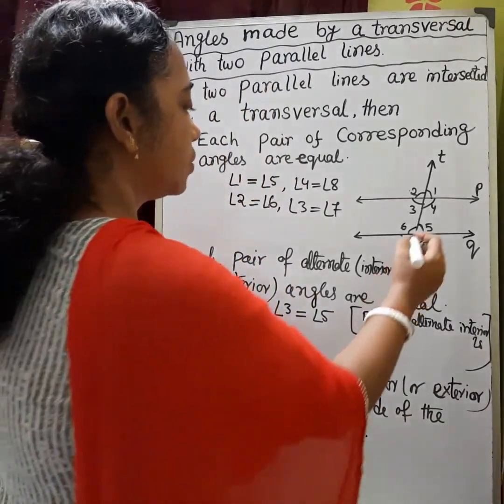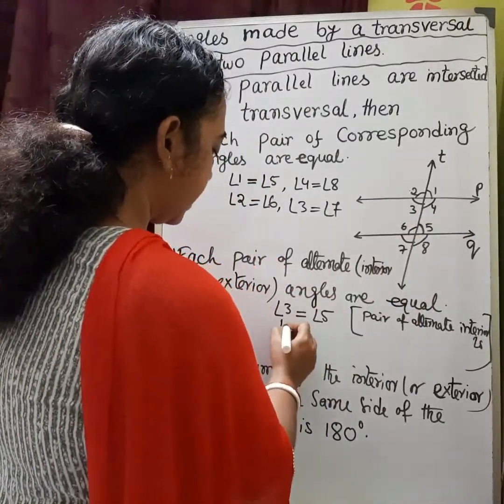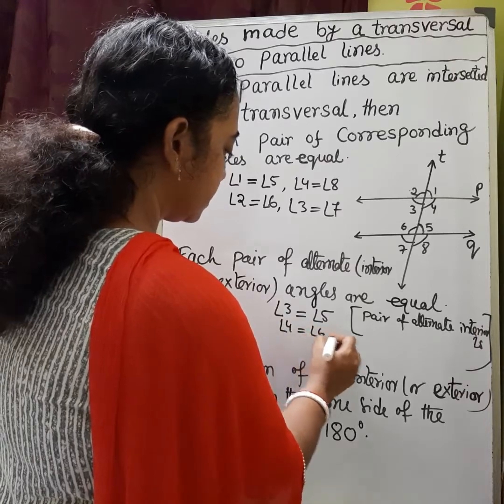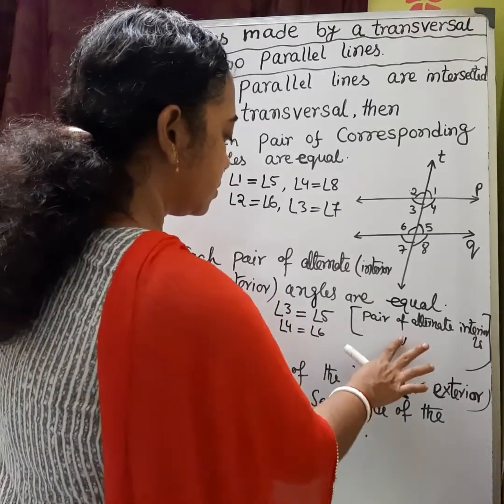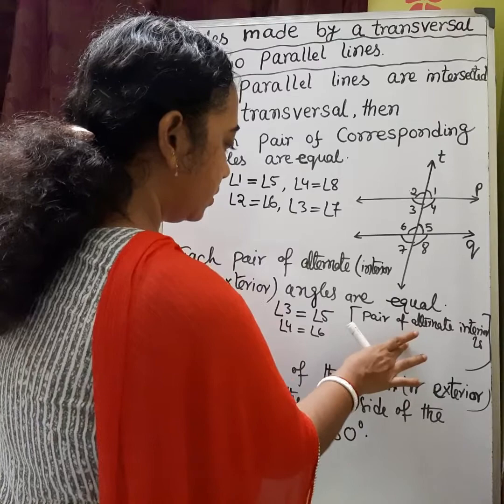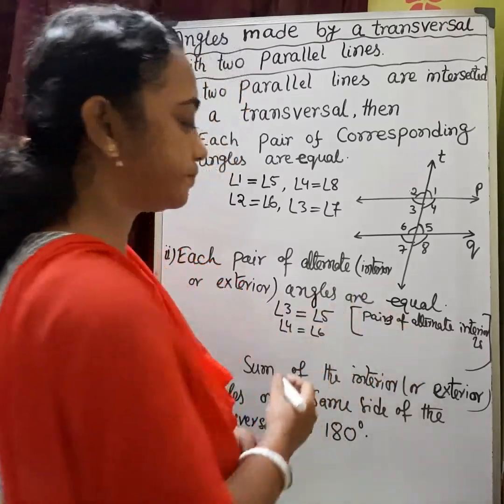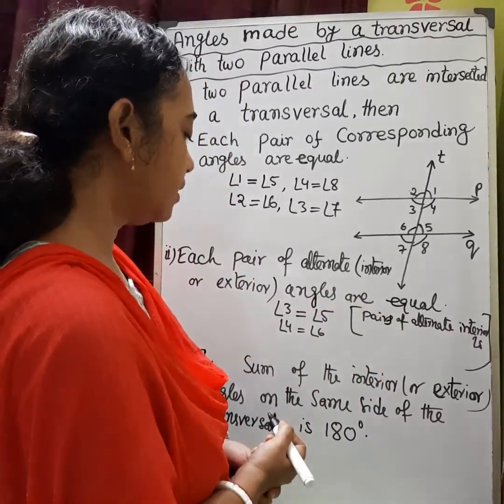Also angle 4 is equal to angle 6. So this pair of angles are called pairs of alternate interior angles, and they are equal.